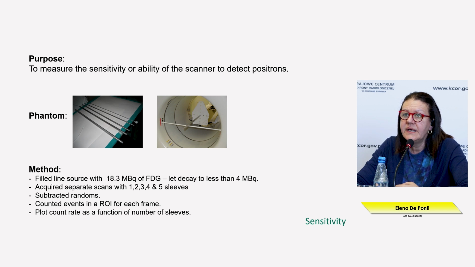For example, it is stressed that we need to measure the activity in a very, very precise way, and as already said by John in the previous talk, we need a calibrated calibrator that is included in the periodical tests, because it is crucial to be able to measure accurately the activity that we have in the phantom, as well as it's crucial to have the proper length of the line source.